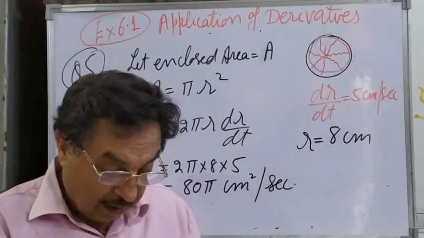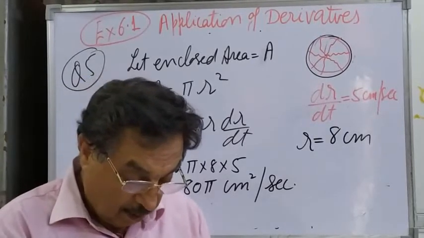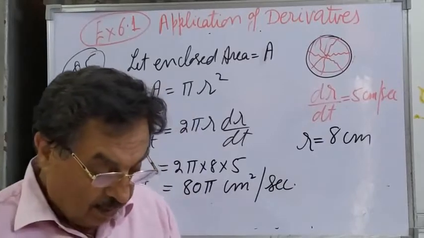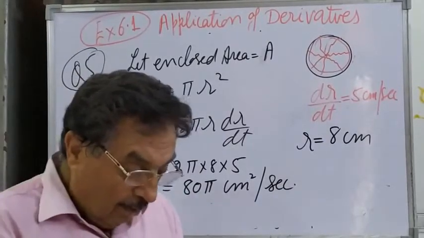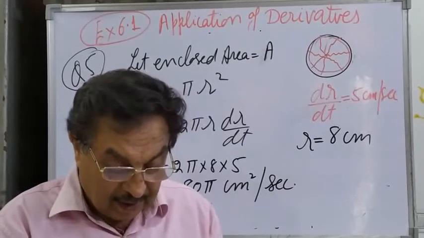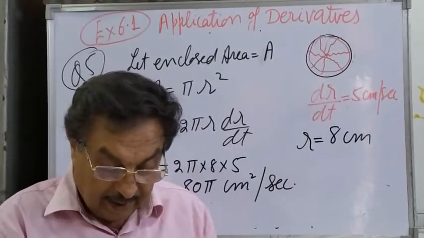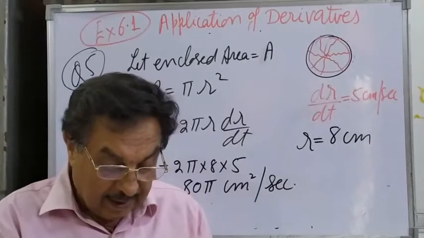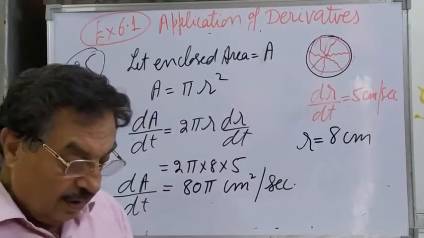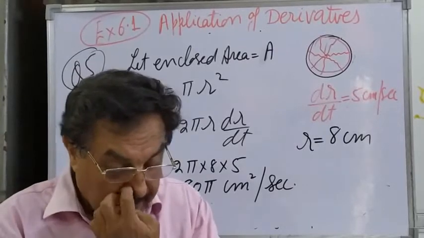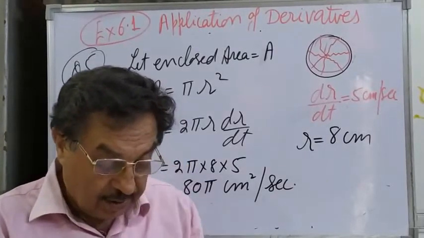Now let us go to the next question. Question number ninth. A balloon which always remains spherical has a variable radius. Find the rate at which the volume is increasing with the radius when the latter is 10 centimeter.